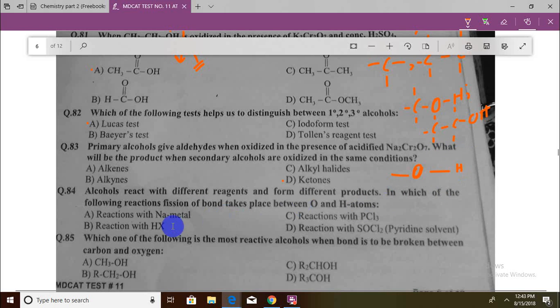Reaction with HX. Now HX can be any sort of halide like HCl or HI, and in that case usually it's the entire OH portion that is substituted. Same with PCl3 and same with SOCl2. So the answer can only be A.